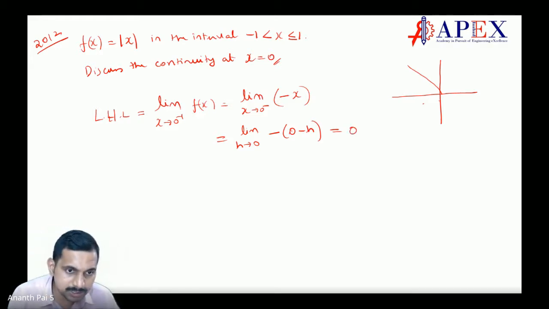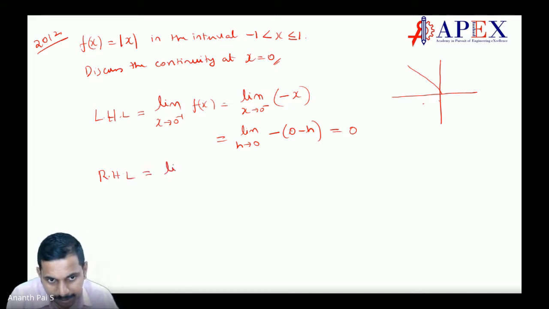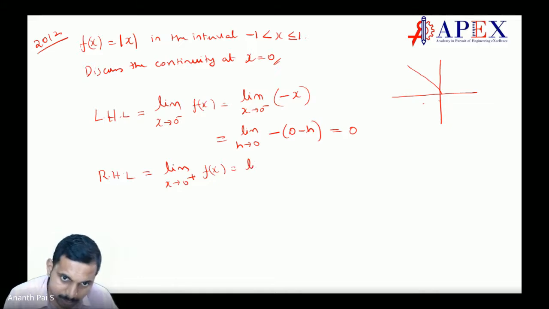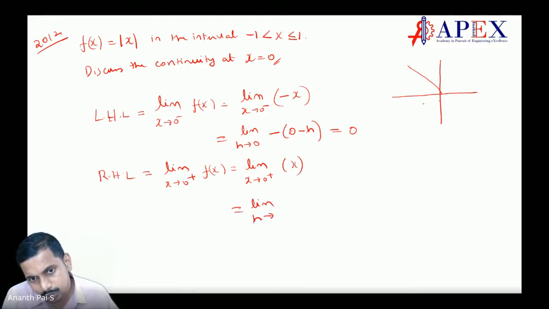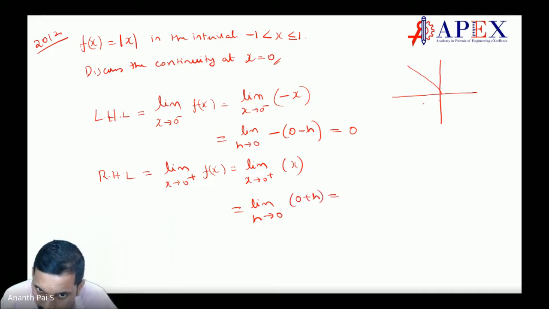Similar way, let us take the right hand limit. The right hand limit is limit x tending to 0 plus of f of x, which is equal to limit x tending to 0 plus of x, which is equal to limit h tending to 0 of 0 plus h, that is equal to 0.